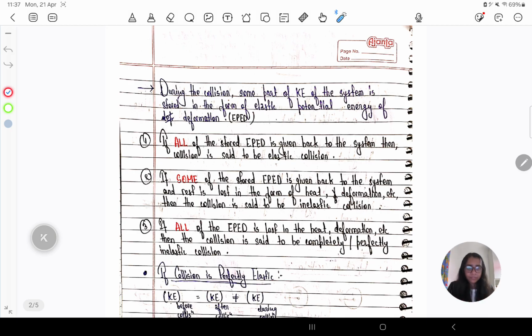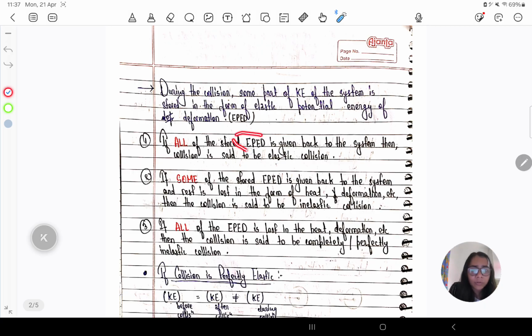So if after collision all of that stored elastic potential energy for deformation is given back to the system in the form of kinetic energy, then the initial kinetic energy will become the final kinetic energy, right?